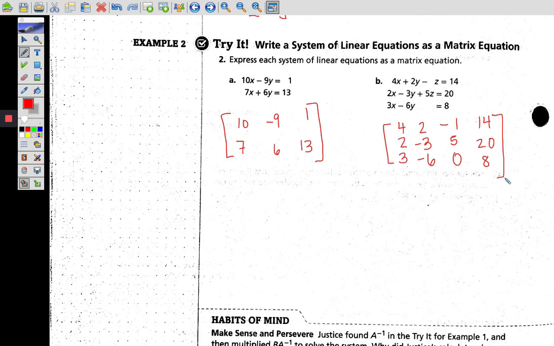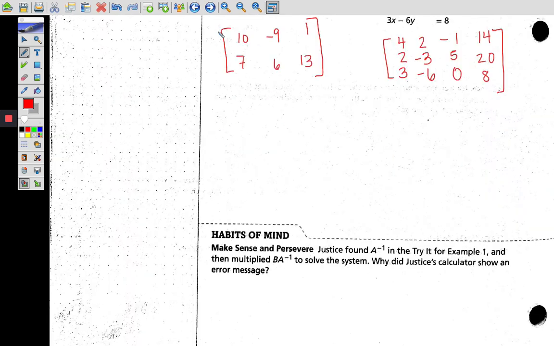They just wanted us to write them as a matrix. All right, that's all. That's what we do to set it up.